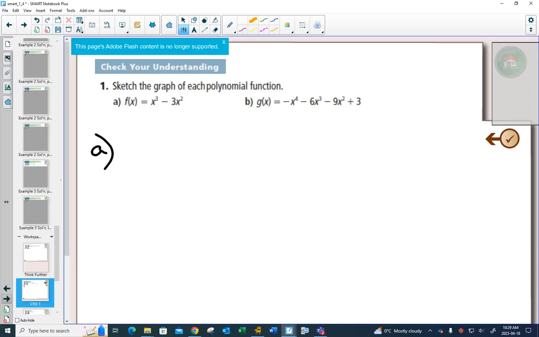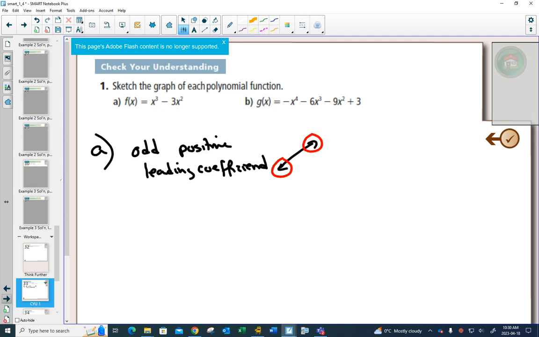Okay? What we already know is that in A, it is odd with a positive leading coefficient. So its end behavior is going to look like this. We know where the graph has to go on the two ends.